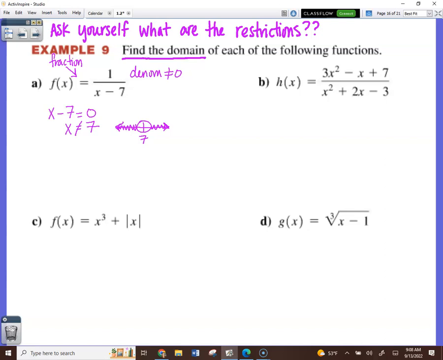Okay. If you draw the number line, then this is going to guide your interval notation answer. Any number is allowed to be plugged in except 7. Think to yourself, what's to the left? Negative infinity. What's to the right? Infinity. There's your intervals. So what's the domain? Always read from left to right. Negative infinity to 7, hop over that, and then 7 to infinity. And that's the domain.